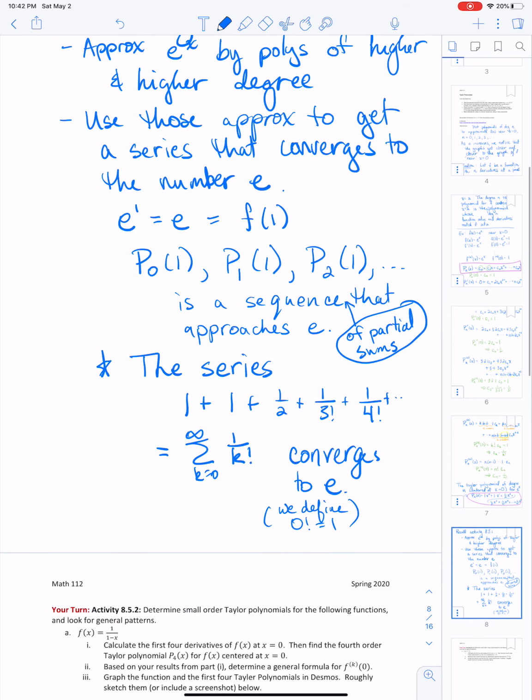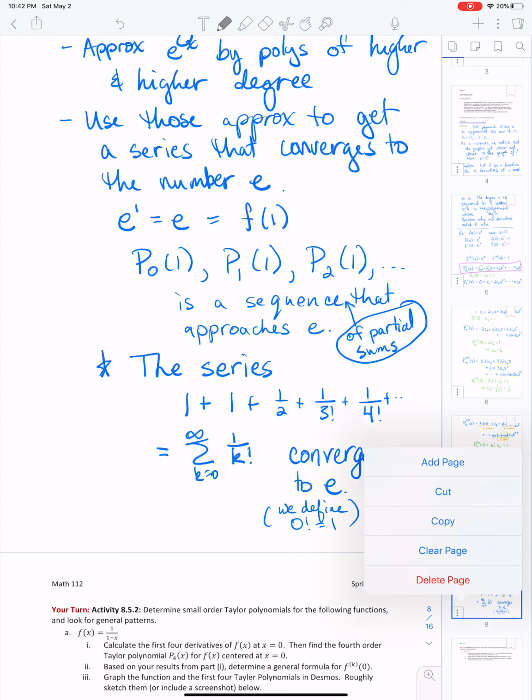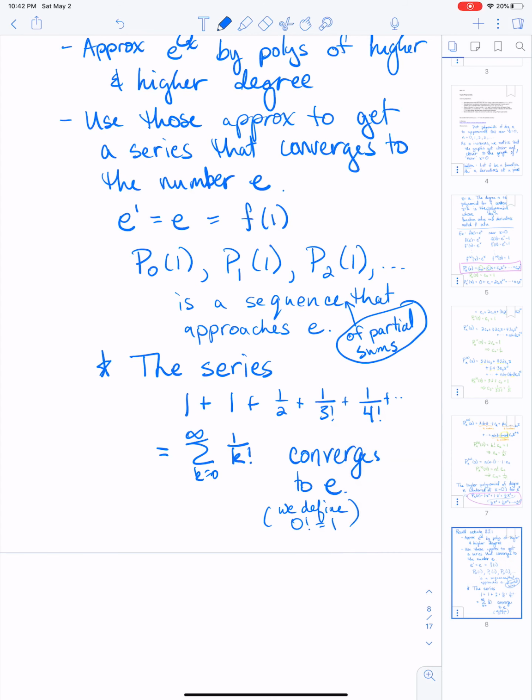Okay, so what is all this? The connection I wanted to make with all of this is that we've now used those same polynomial approximations, but instead of just getting an approximation of a single number, we actually get an approximation of the whole function. So we're essentially doing the work of approximating e to the x for any x at the same time. So this is a really powerful idea here.